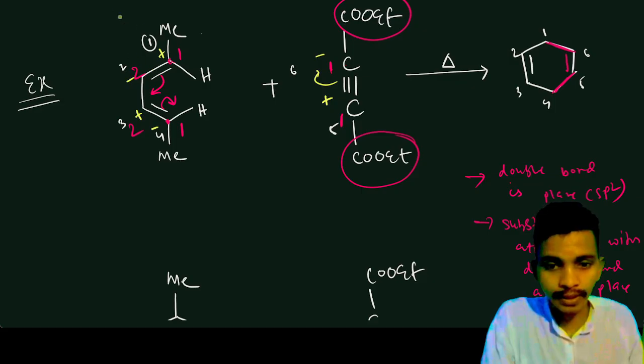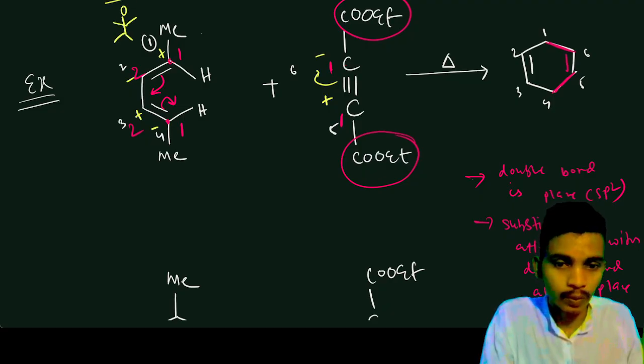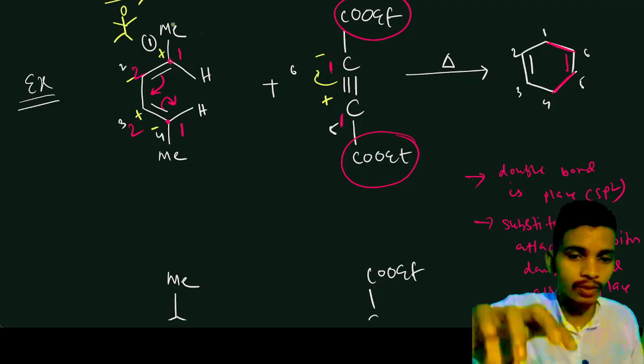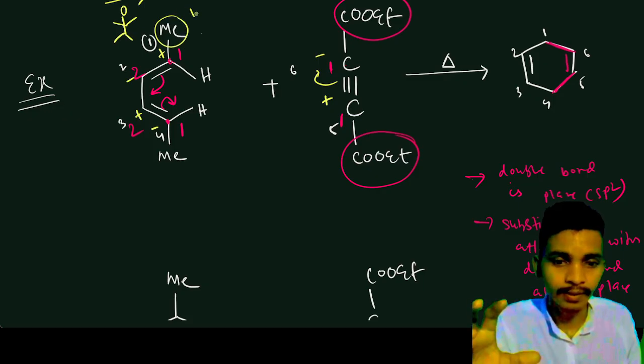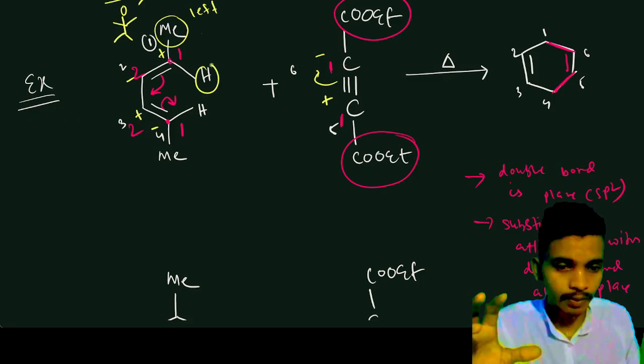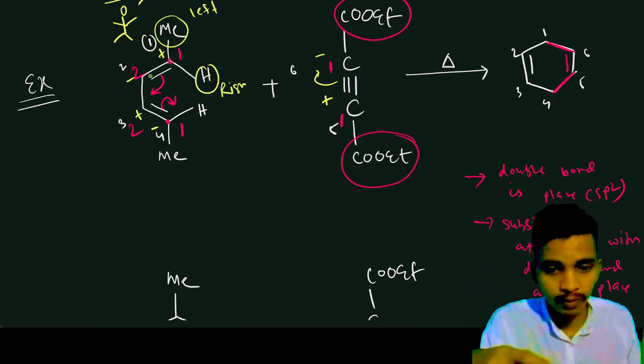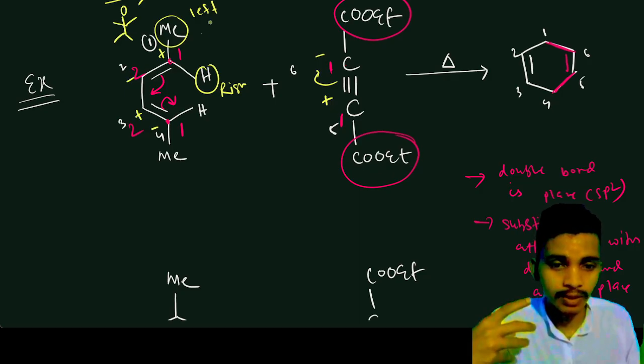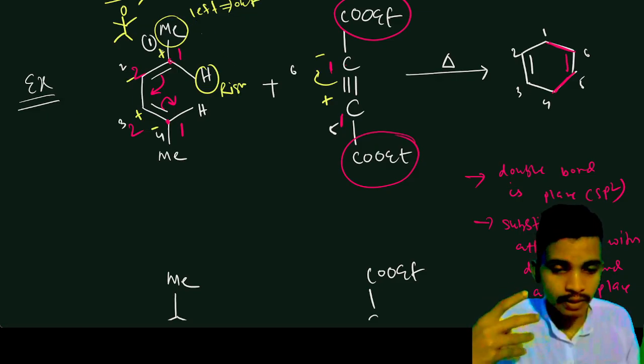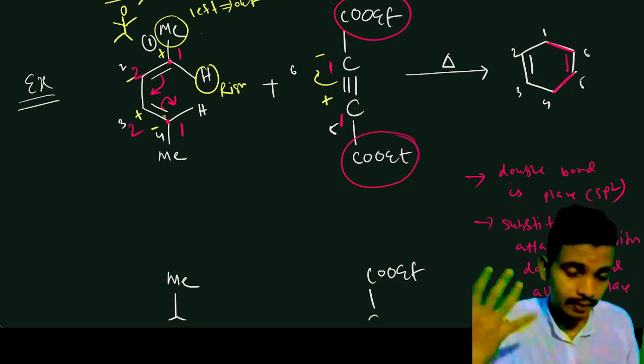Now you are standing here and looking at this side, so this is going to be your left side and this is going to be your right side. If it is left, then this is out. For the double bond, this is going to be out. By looking at the upper double bond, we take the same for the lower double bond.